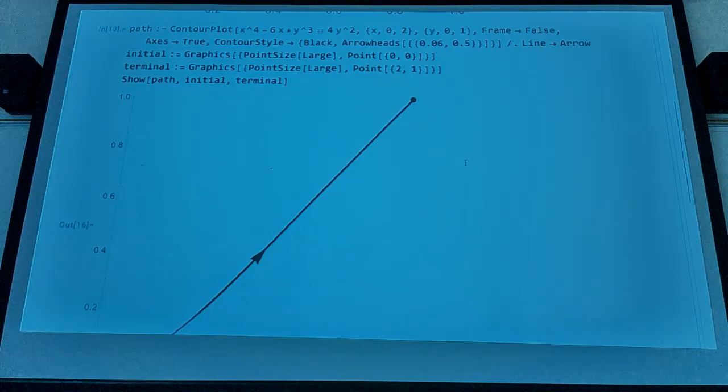Graphics is a very nice feature. The point size command is going to say how large the point's going to appear, and then you have the point command. And then I just showed all three together. Here's our path.